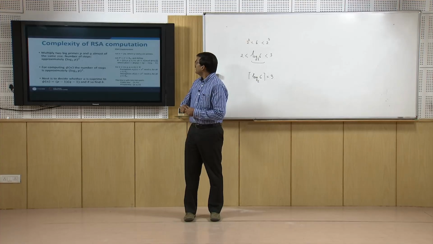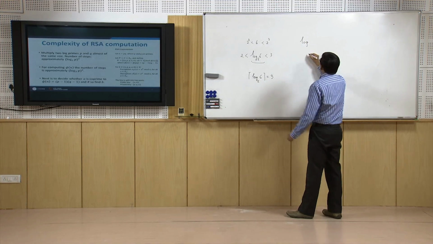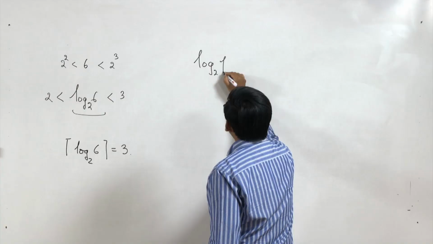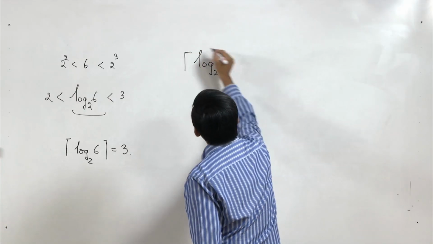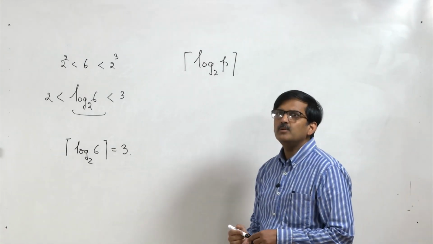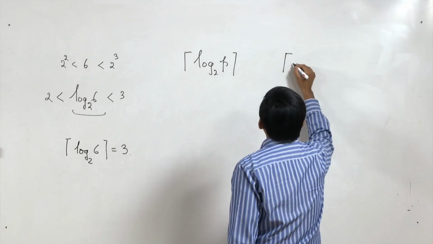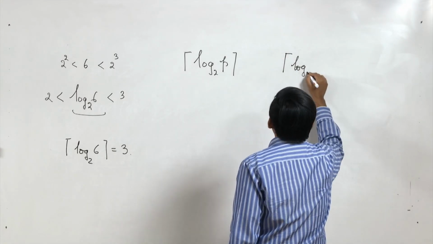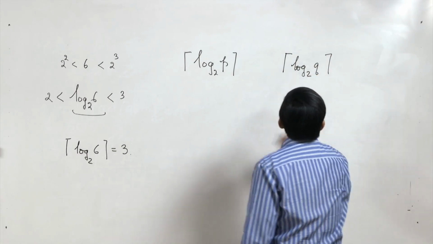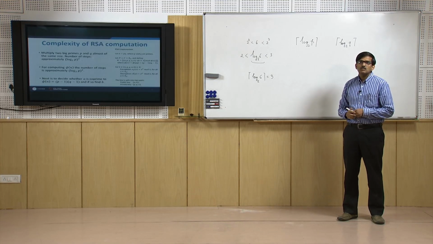Now, if I have a large prime P and another large prime Q, then by log I mean log to base 2. So, ceiling of log P is the number of bits that we require to store P, and ceiling of log Q is the number of bits required to store Q, and they are large.